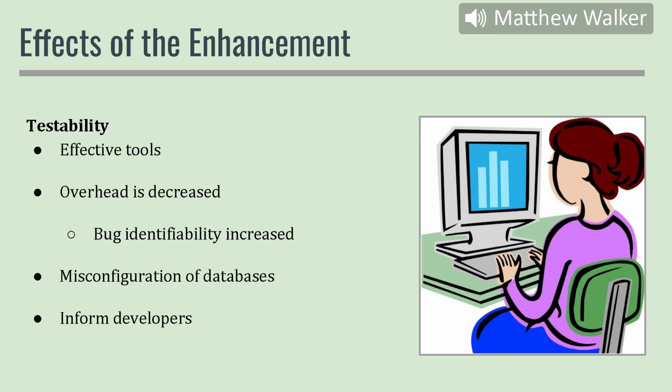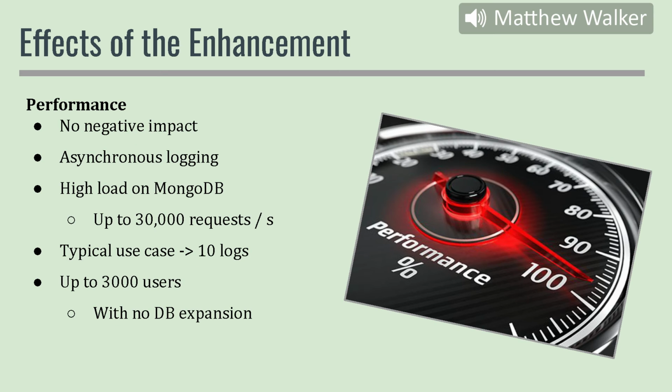entire system. Performance of the front end should not be impacted, as the log requests are asynchronous and happen in the background. Conversely, the logging database, MongoDB, may experience a significant amount of incoming queries when Coviscan experiences a high load of users. Fortunately, MongoDB can support up to 30,000 requests per second.